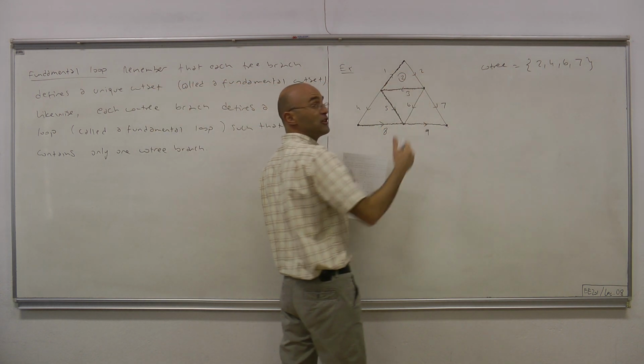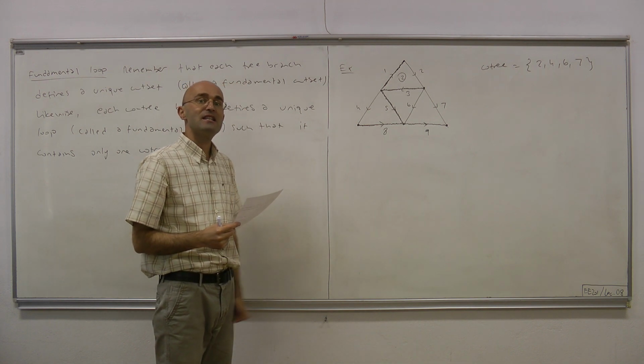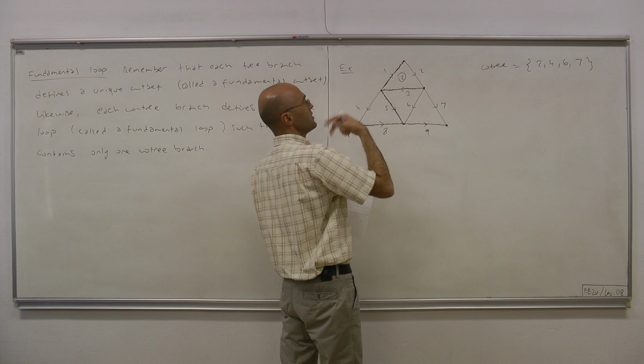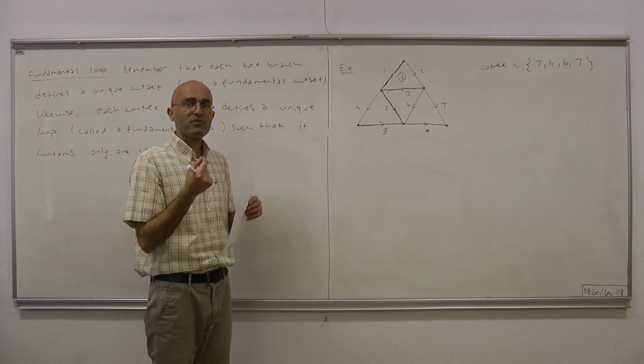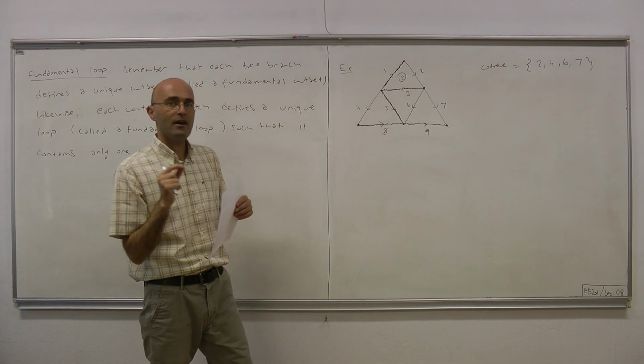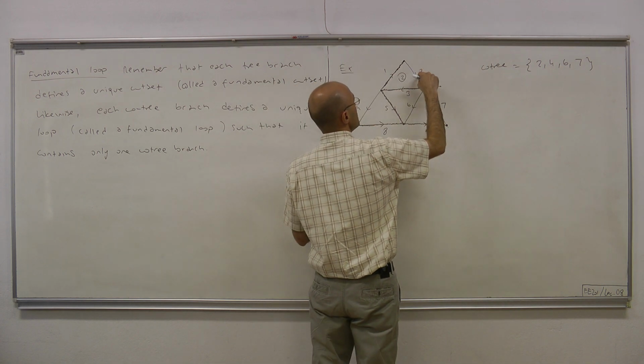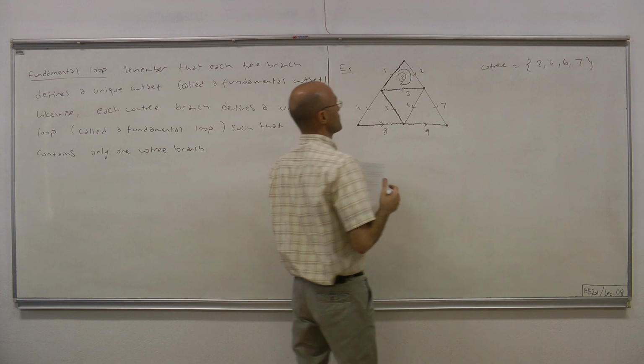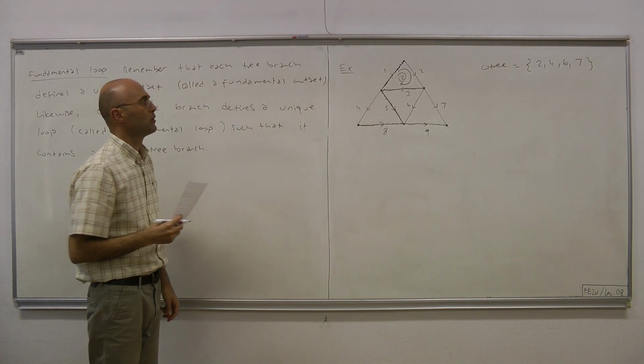Let's assign a direction to that loop, because we will need that when we write KVL. By convention, the direction is the same as the direction of the cotree branch defining that fundamental loop. Hence, the direction is clockwise for that loop.